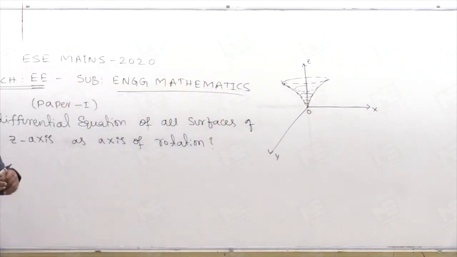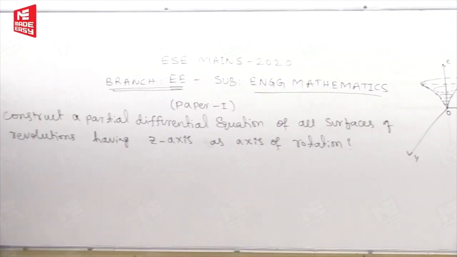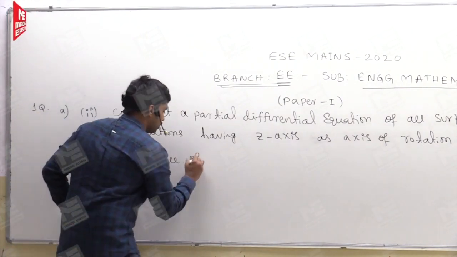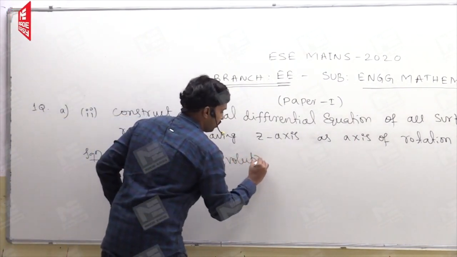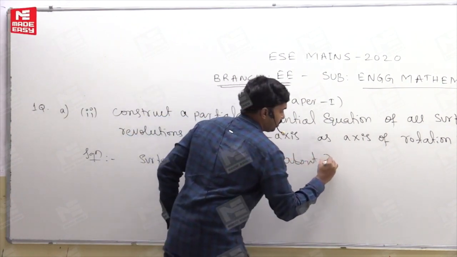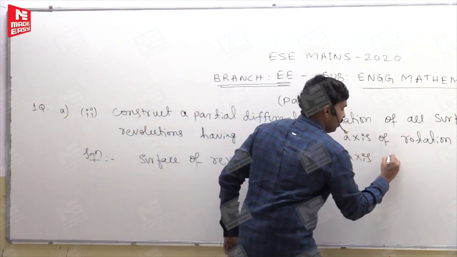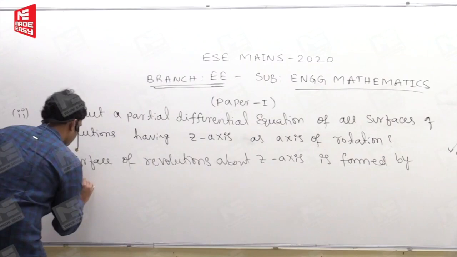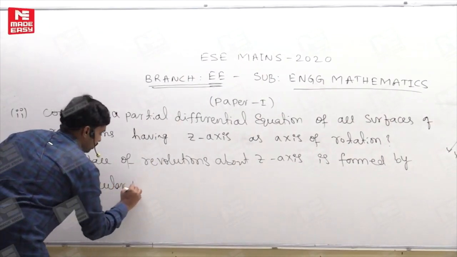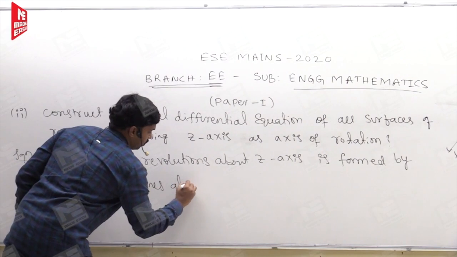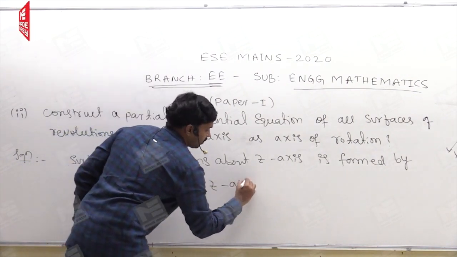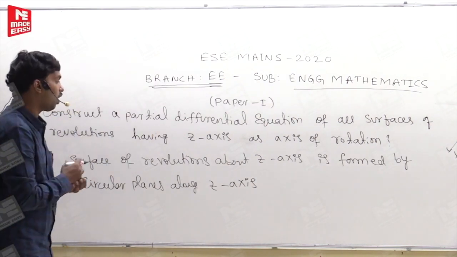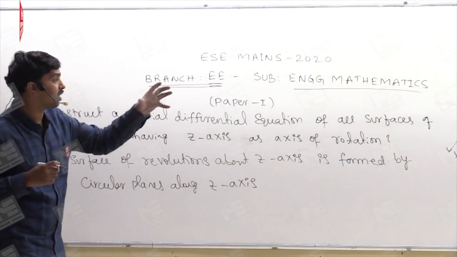Now I can say here in this solution that the surface of revolution about the z-axis is formed by circular planes along the z-axis here.